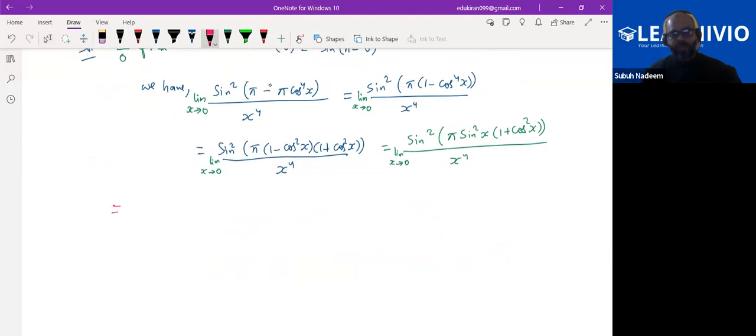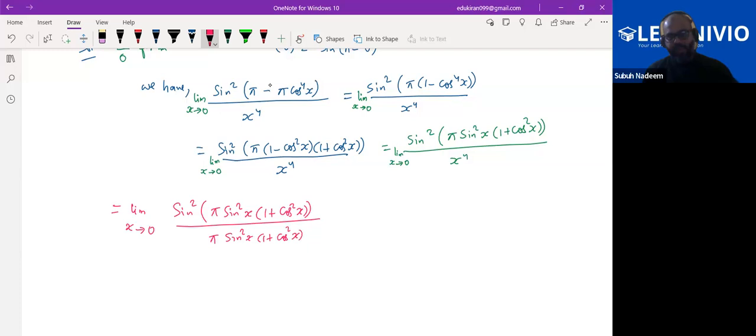So this will be equal to limit x approaching 0 of sine square pi sine square x into 1 plus cos square x upon, now what I will do here, I will divide by pi sine square x into 1 plus cos square x whole square, right?